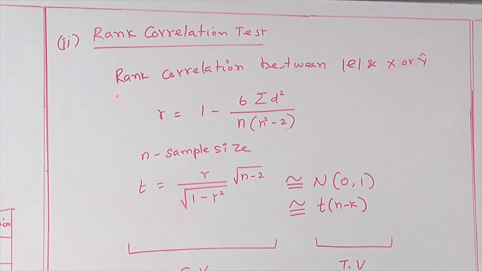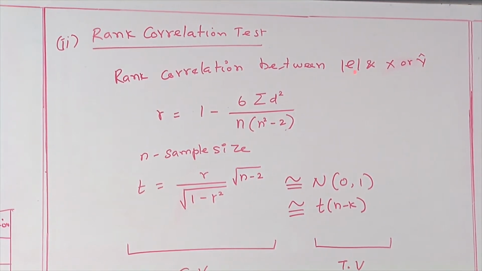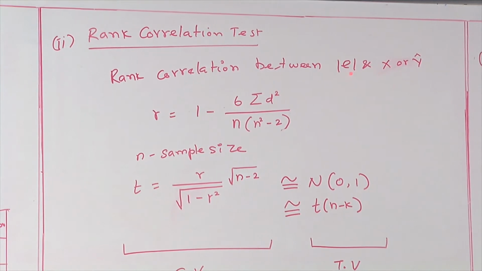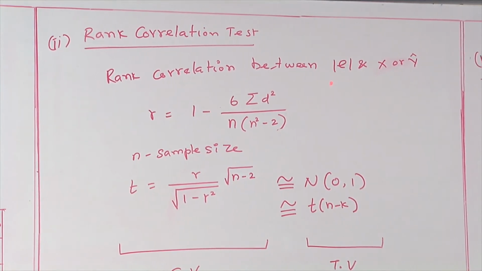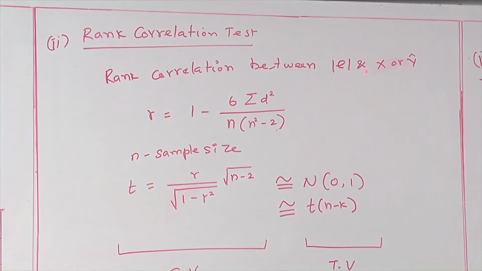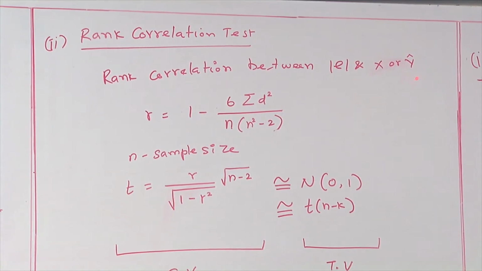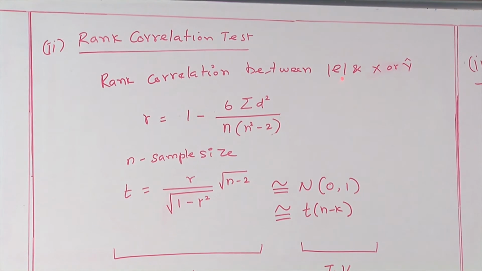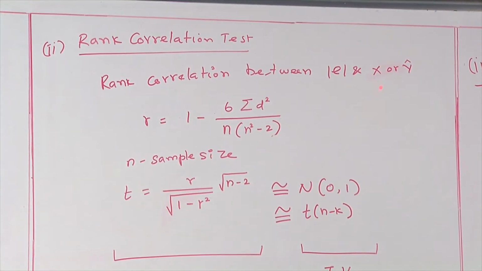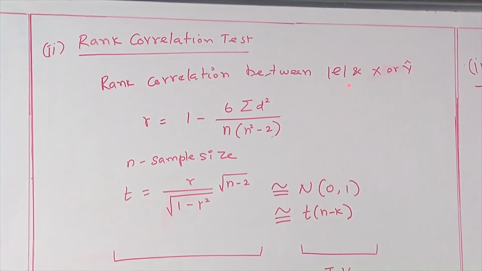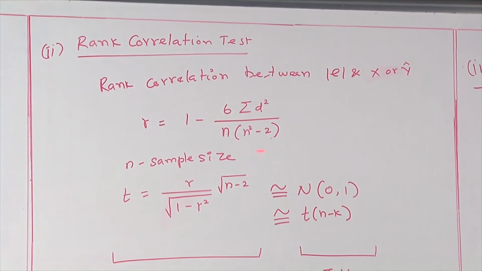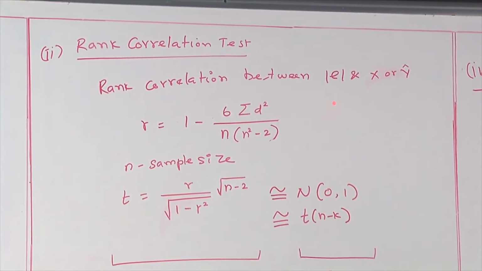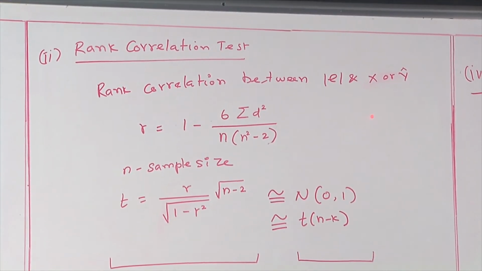We are going to find the rank correlation between the absolute value of E against x or y hat. So, we have to find the rank correlation between modulus E and x in this case, or modulus E and y hat in the MLRM case.